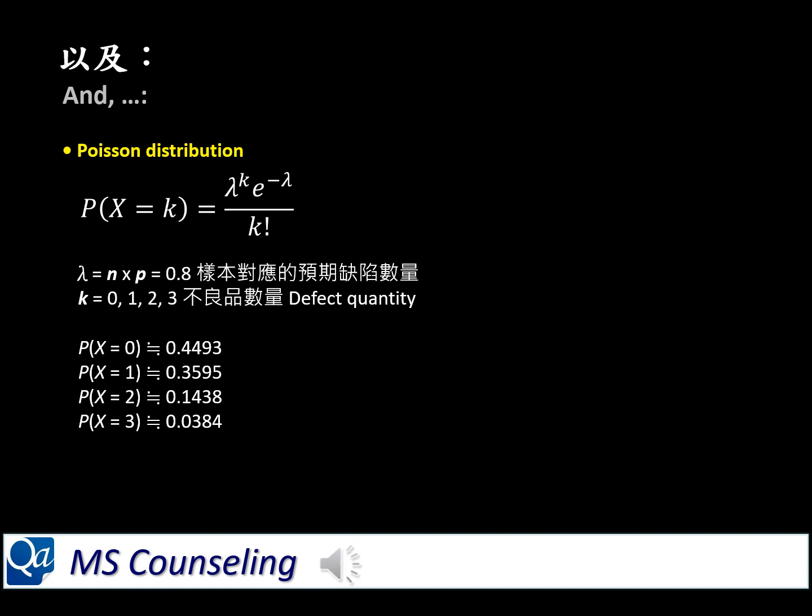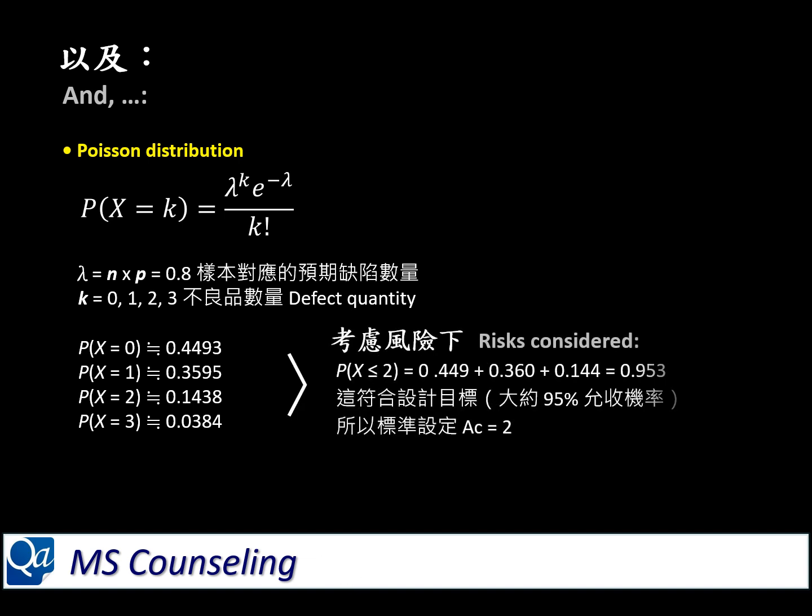Since the AQL of each sample is 1.0%, the corresponding expected number of defects is lambda equals 80 times 0.01 equals 0.8. In this way, the Poisson distribution can be used to estimate the probability of finding 0, 1, 2 or 3 defective products. In the same way, AC can be obtained.